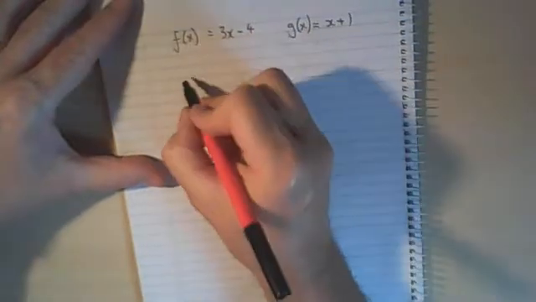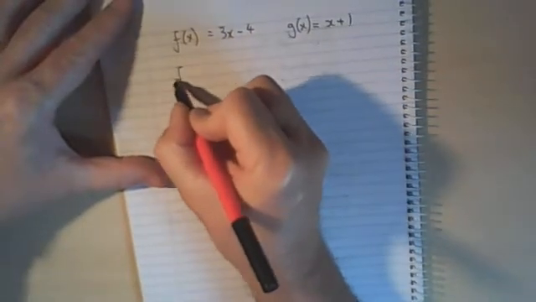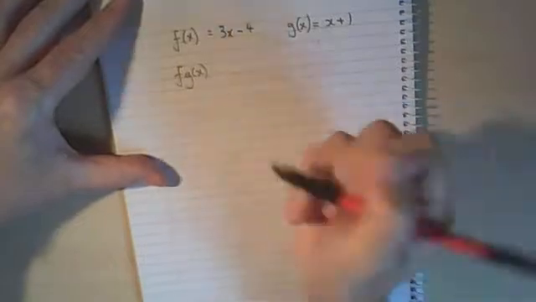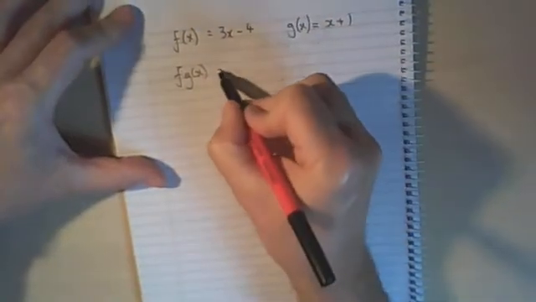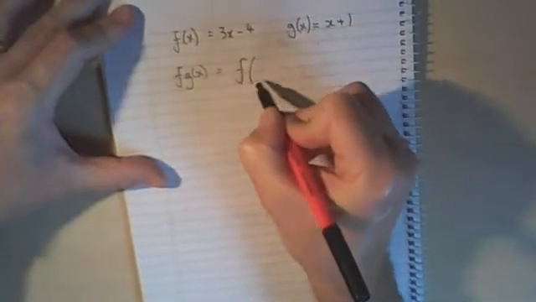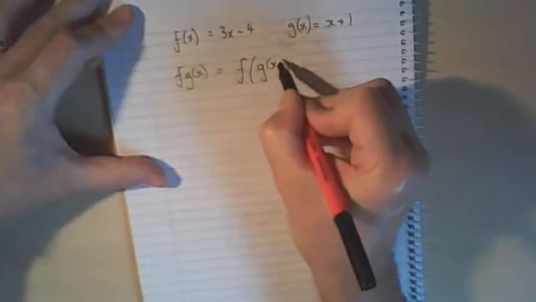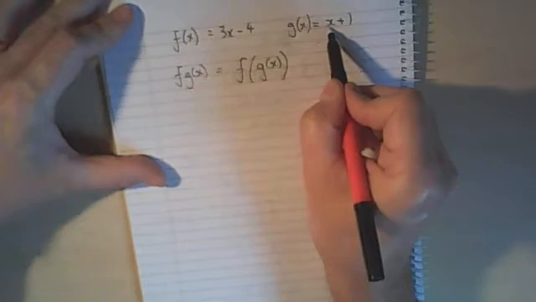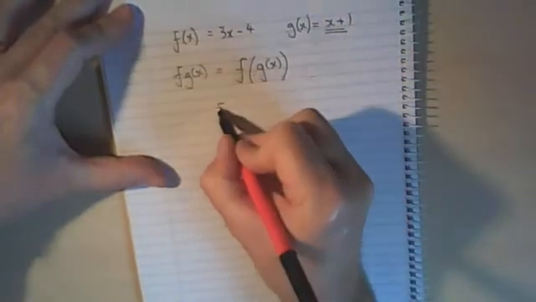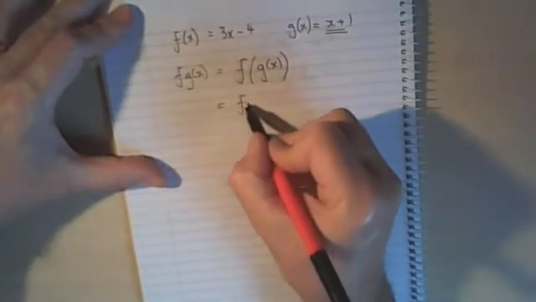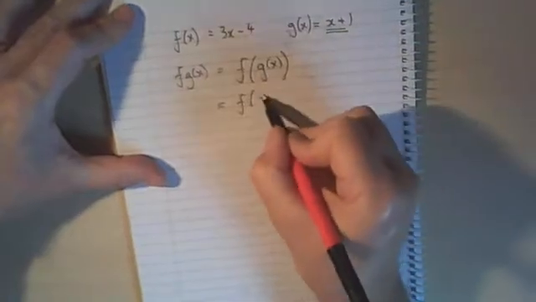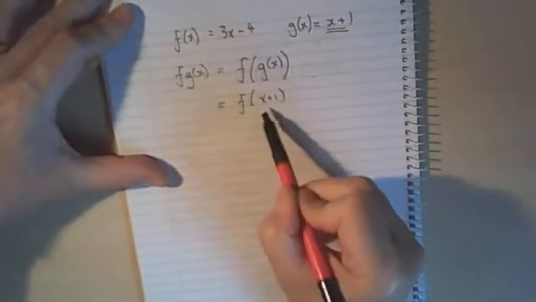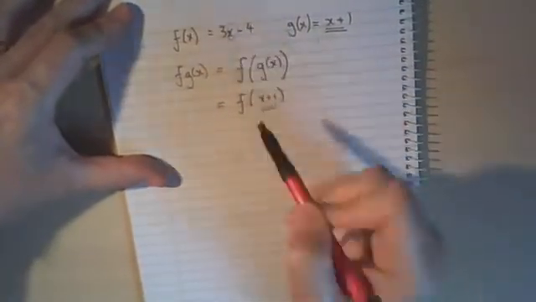But sometimes the question might ask you to work out fg of x first. And it's the same idea. You're working out f, but into it you're putting g of x. Instead of g of a number, you're putting g of x, which is all of this. So that means you're working out f of x plus 1. And that means that needs to go there.